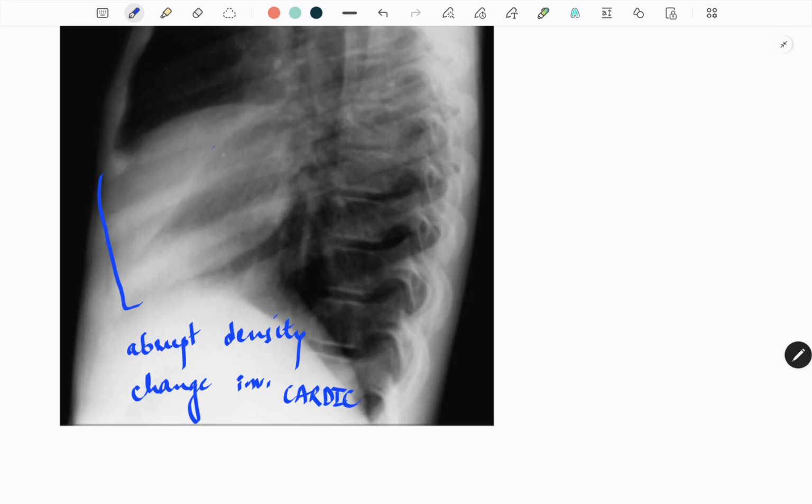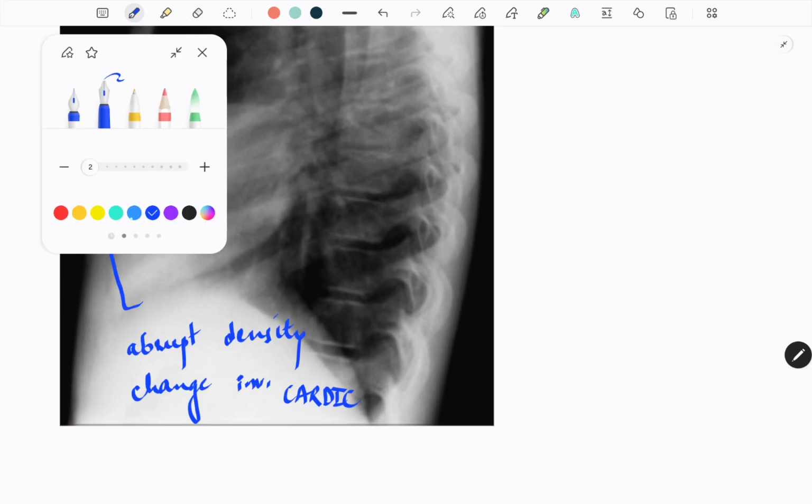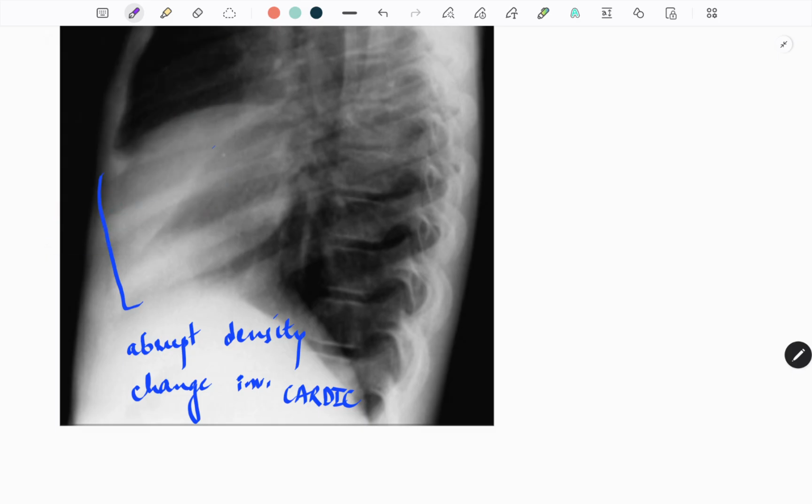This opacification, I'll erase it. This is right middle lobe consolidation.